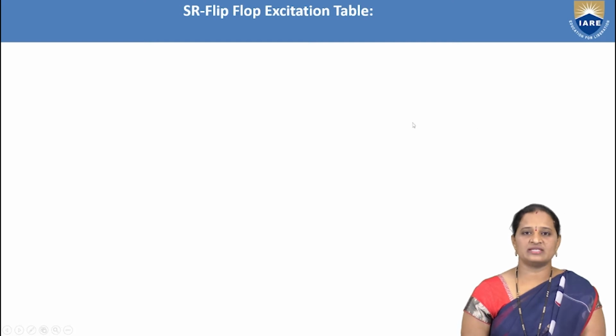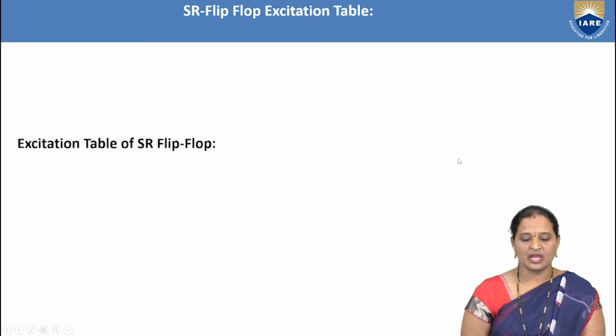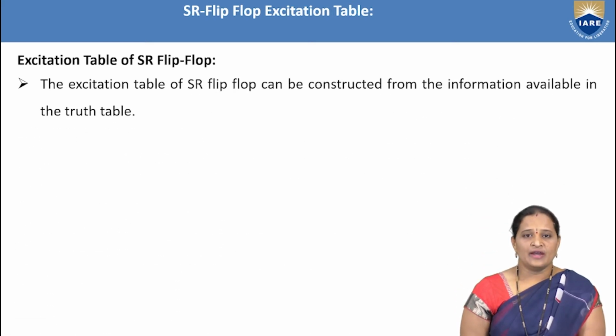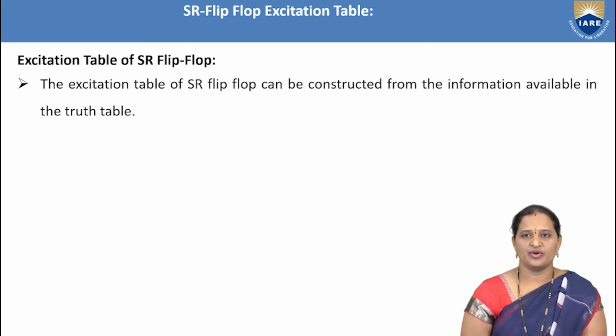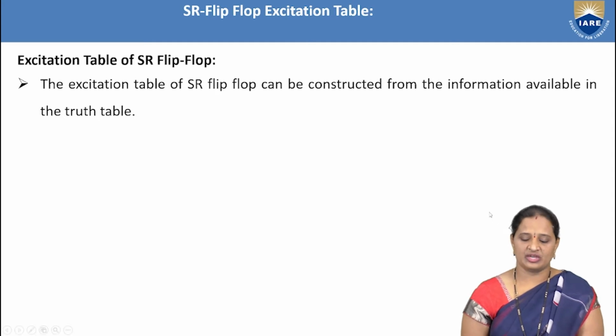First of all, we'll discuss the excitation table of SR flip-flop. In order to achieve the excitation table, not only of SR flip-flop but of any type, we need to have the truth table. That means the excitation table of SR flip-flop can be constructed from its truth table.